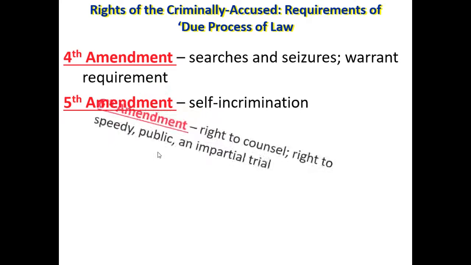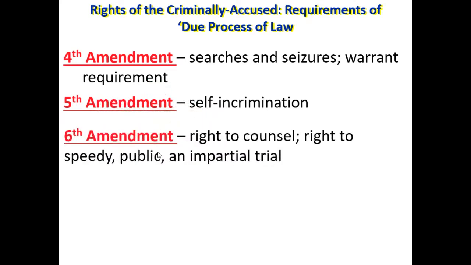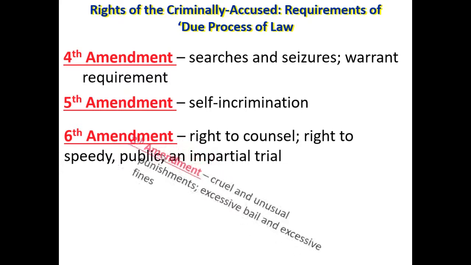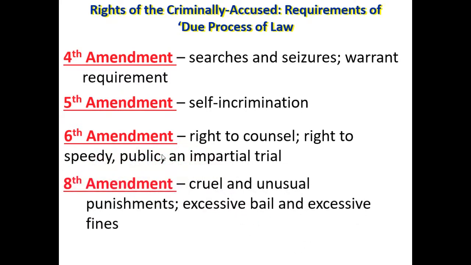The 6th Amendment specifically deals with the right to counsel and the right to a speedy, public, and impartial trial. The 8th Amendment prohibits cruel and unusual punishments and prohibits excessive bails and excessive fines. So these are the provisions of the Bill of Rights that are most relevant for us in our discussion of the criminal justice system, today and, as I say, into next week.